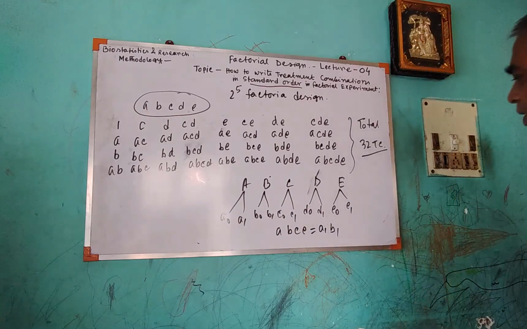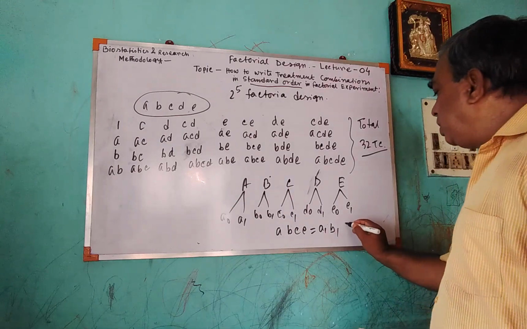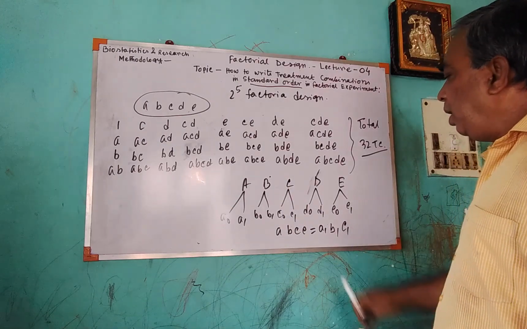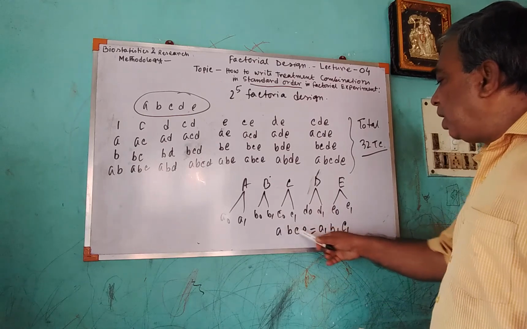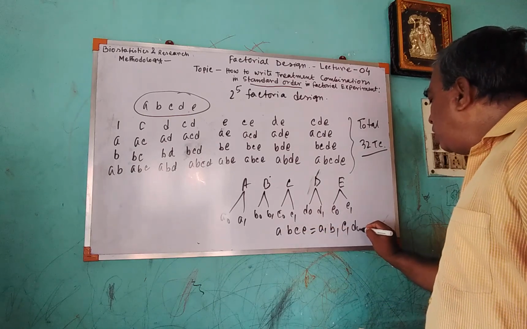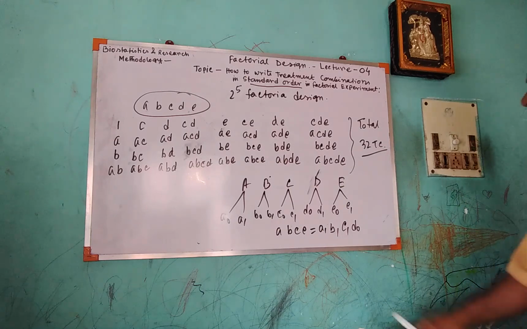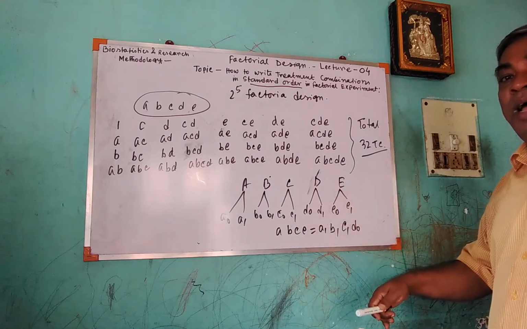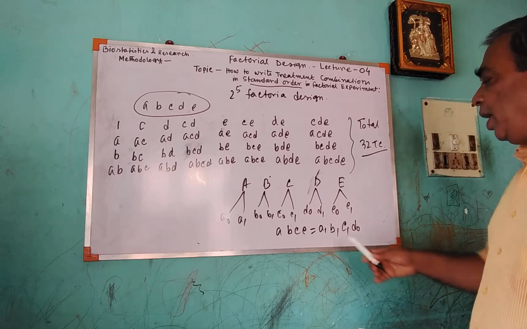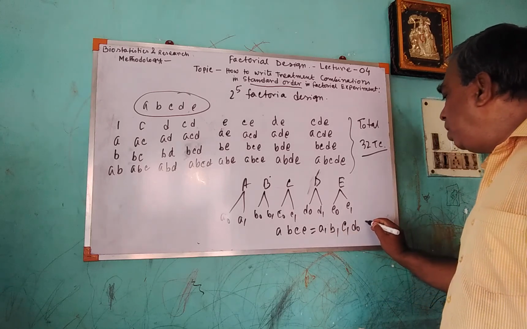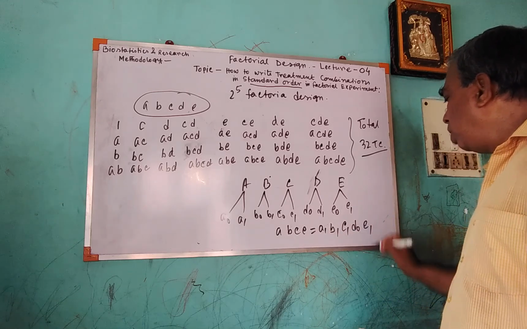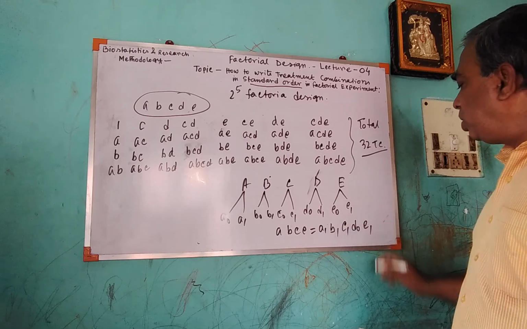C is present, yes, higher level of factor C, that is C1. Higher level of factor D is not present here, so lower level. If anyone is not present, then that means it is lower level. If anyone is present, that means we are taking higher level. This is the rule, okay. And E is present, so it will be E1. So A1, B1, C1, D0, E1.